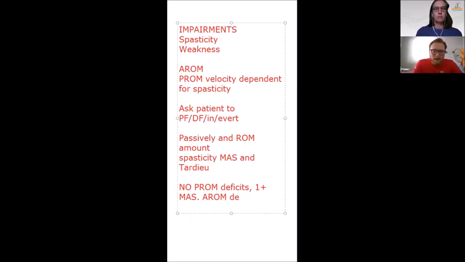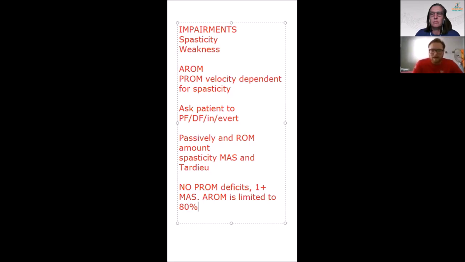Okay. If that's the case, I think it's still a little tricky to determine whether it's a tone issue or a strength issue. I think from there, limited to 80%.